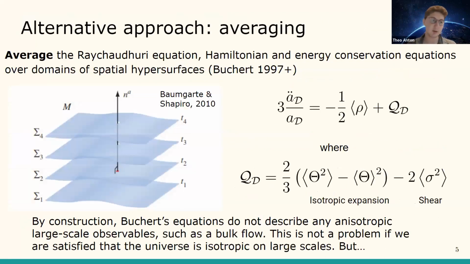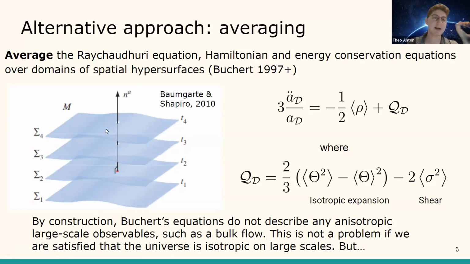So it goes back to analysis that was originally made by Buchert in the 1990s. And the basic idea is quite simple: take our universe, divide it up into constant time slices through some timelike normal vector n, in this diagram here, and then evolve the universe from slice to slice.